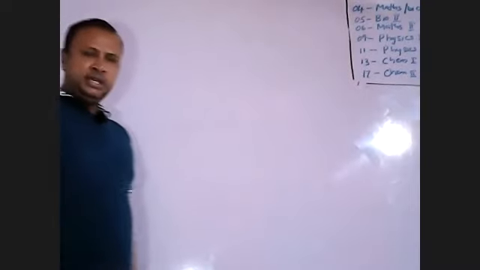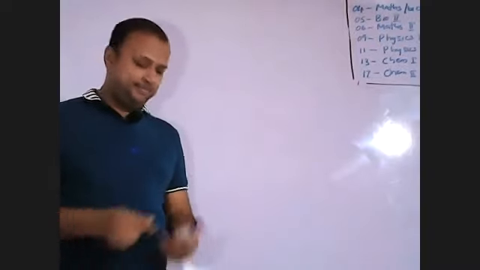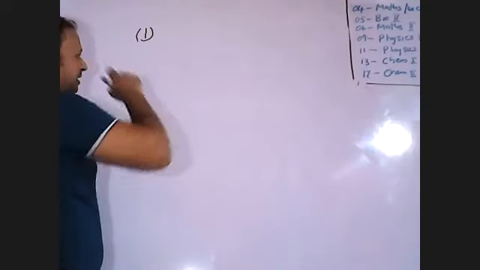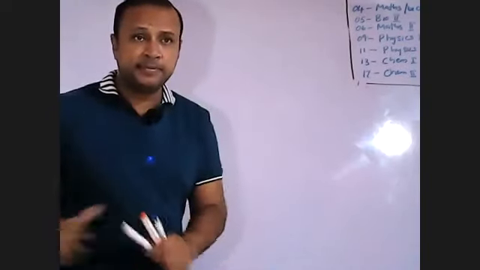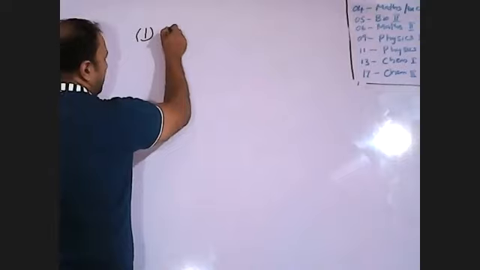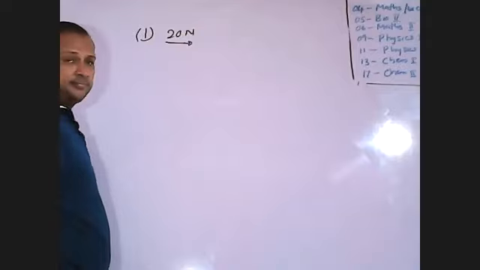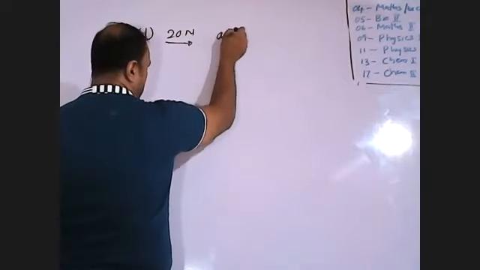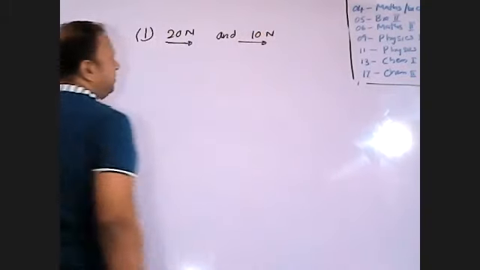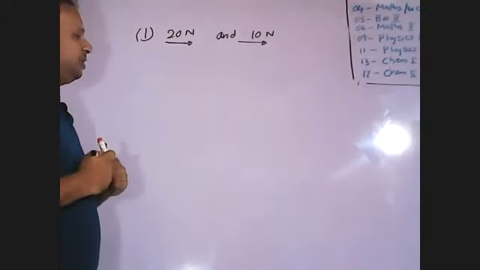All right. Shall we do some examples of vector subtraction? Okay. Suppose there is a vector of 20 Newton in this direction, and 20 Newton in the same direction. This is the first one.